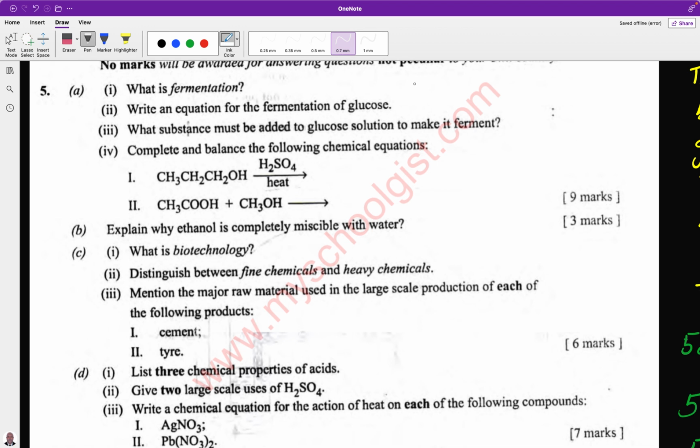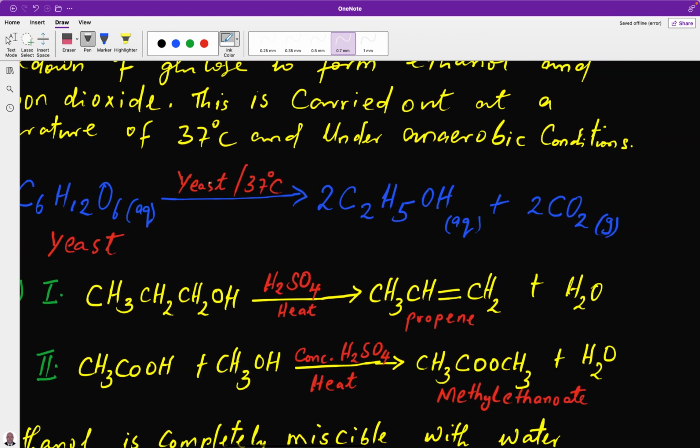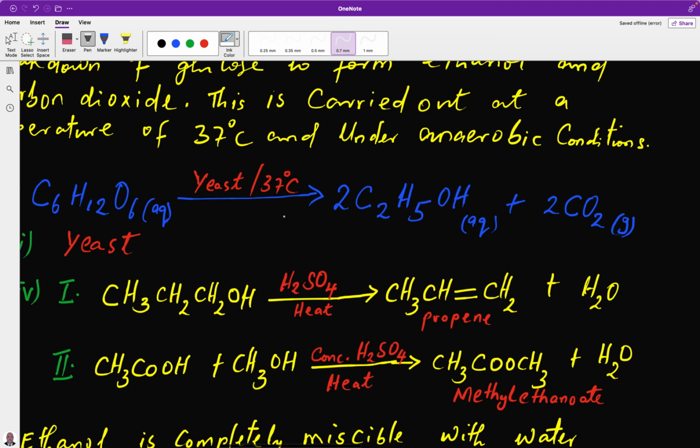The alkene that can be produced here is propene. So that is the equation. There we will have propene and a molecule of water being produced.